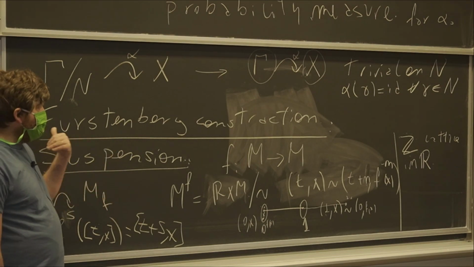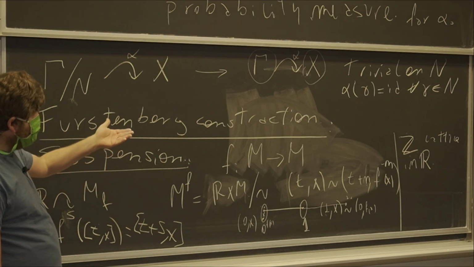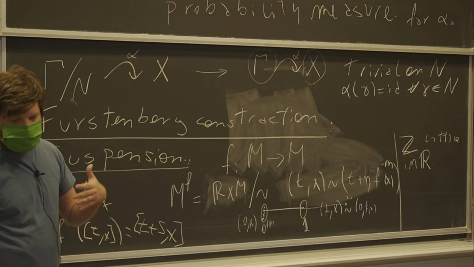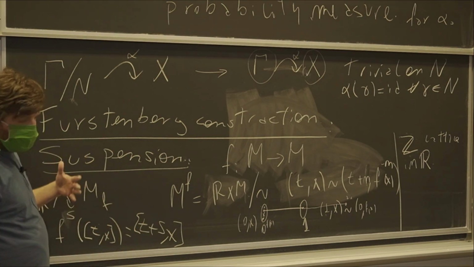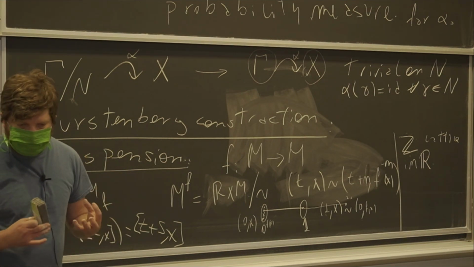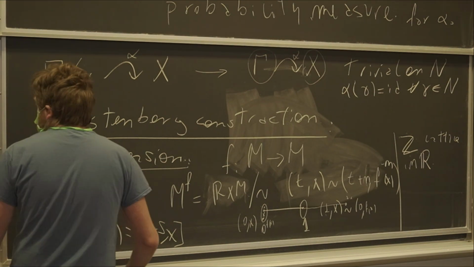In the more general situation, as we are going to do now, G mod gamma may not be compact, but will have finite volume. And then this space will still have some sort of finite volume business.